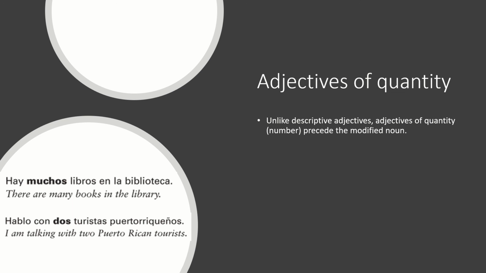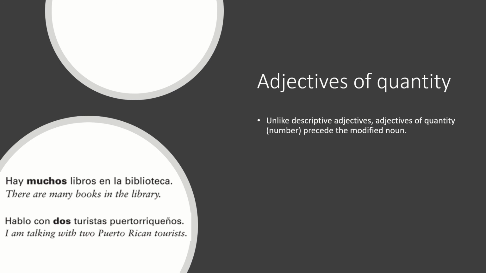So if we look at our examples, we see hay muchos libros en la biblioteca. There are many books in the library. So just like in English, how I would say many books, in Spanish I say muchos libros. So our adjective of quantity, or our adjective of number, is going to go before the noun.